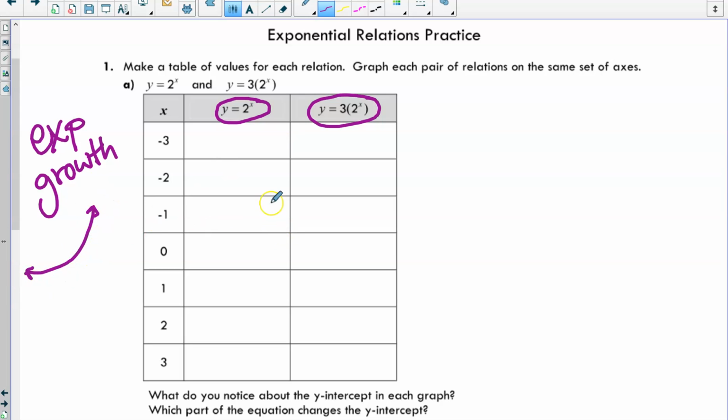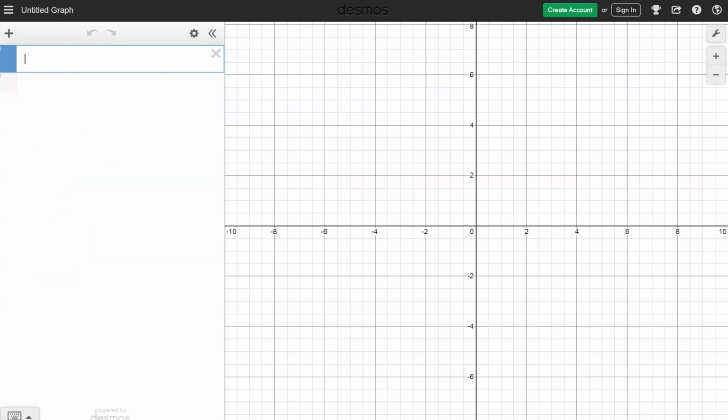Okay, instead of taking out your calculators and punching all of these numbers in, I'm going to show you a way to do this using Desmos. Okay. So when you click on the side here, you can type in an equation. So if I type in y is equal to 2 to the power of x, to get to the power of, I hit Shift and 6, the little up arrow, all right, will get me into the exponent.